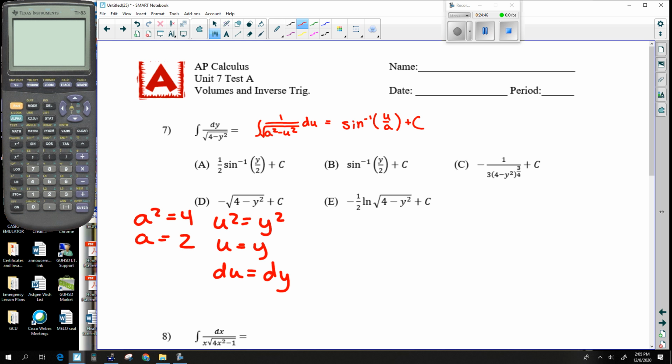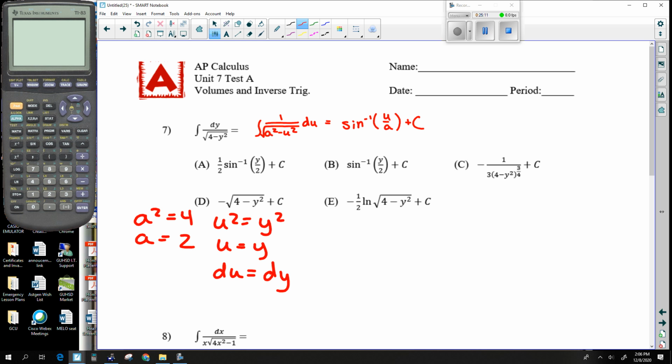That's exactly what we want. We don't have any extra pieces. There's no limits to reevaluate, so my answer is going to involve y's when all said and done. I don't think there's anything holding us back from victory on this one.